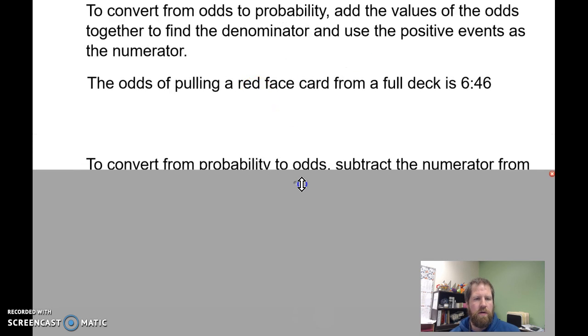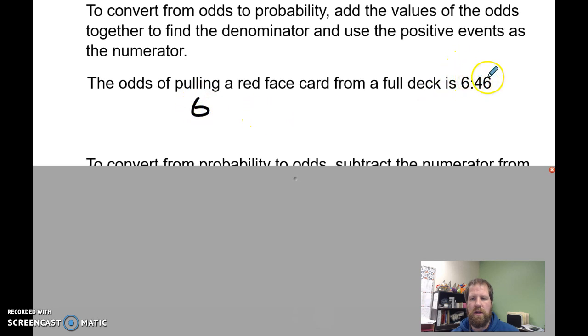So if I have the odds of pulling a red face card from a full deck as 6 to 46, then the probability is going to be 6, which is the positive events, as my numerator, out of 6 plus 46, or 52. So 6 to 46 is equal to 6 to 52.